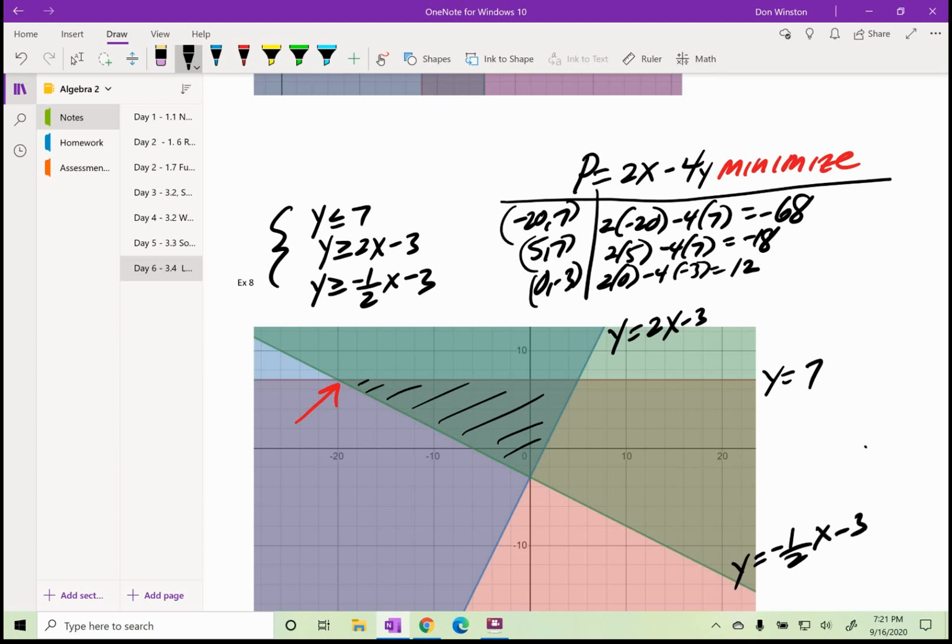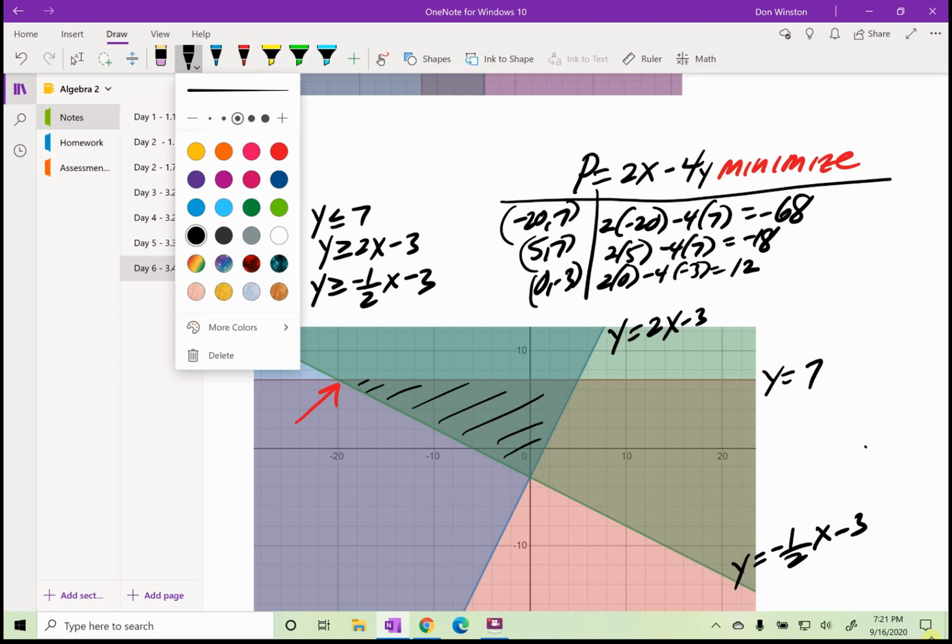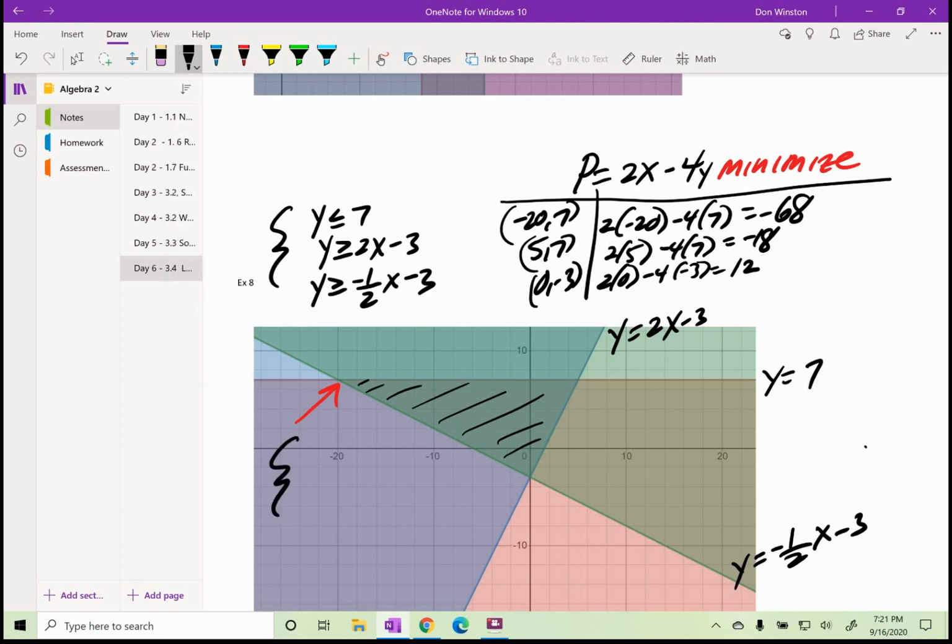So I want to find the intersection, see where the red arrow is? I want to find the intersection between these two lines. One is y is equal to 7, and the other one is y is equal to -1/2 x minus 3. Well, the nice thing is I already know the y value. I just have to find the x value.